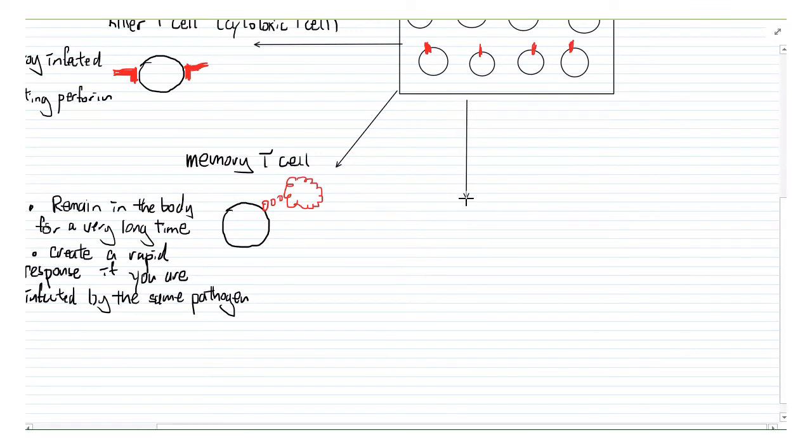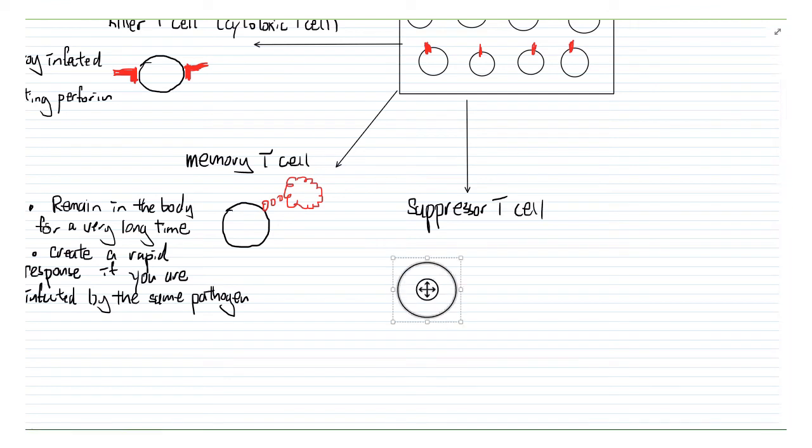And then there is another one called the suppressor T cell. The function of the suppressor T cell is basically to stop the immune response when this is all over. So I'm going to give this guy a stop sign. Stop.